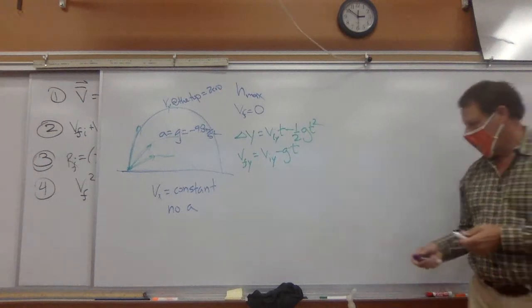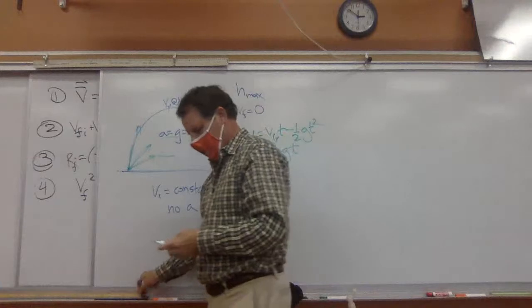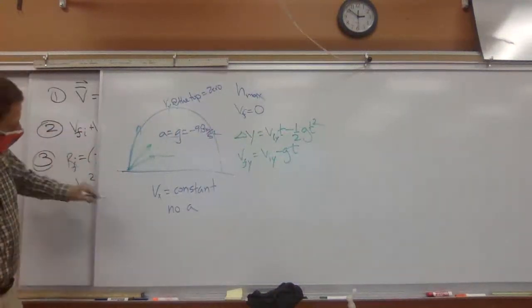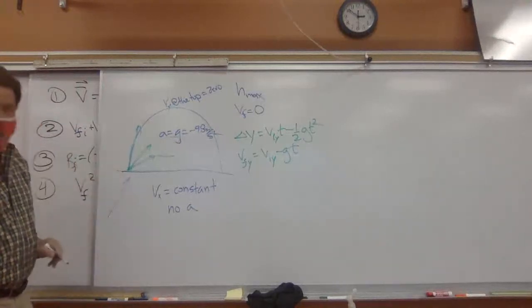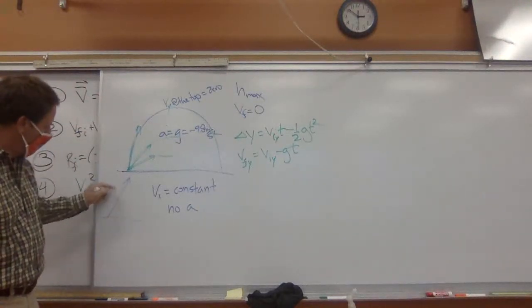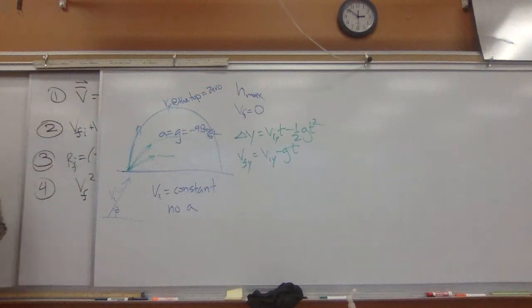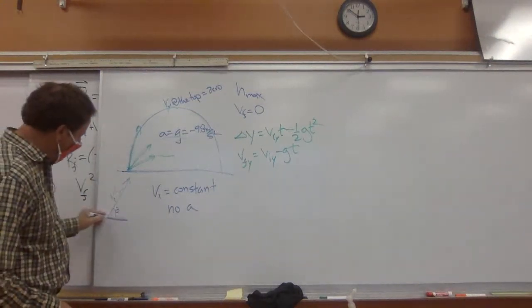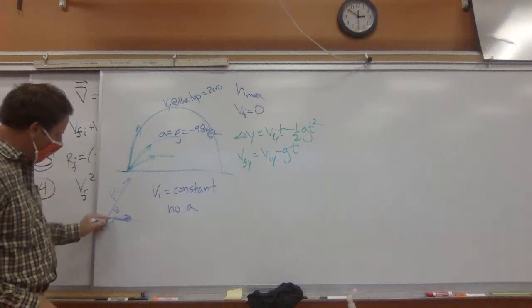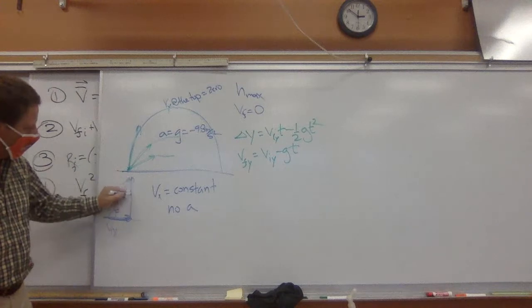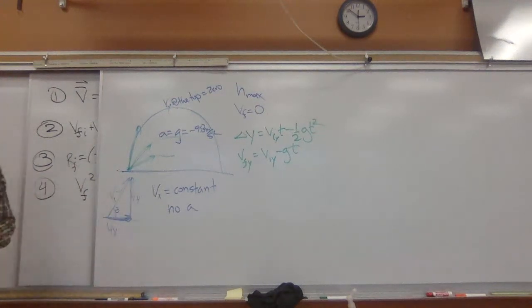Now, this is perhaps not as clear, but remember, if we have an initial velocity at a certain angle, then we can break this into two components: the initial velocity in the x direction, and the initial velocity in the y direction.